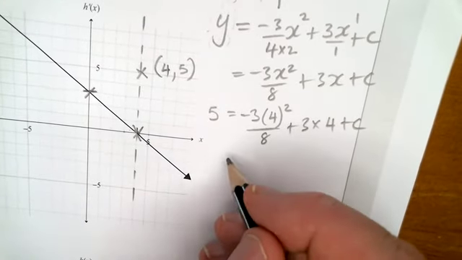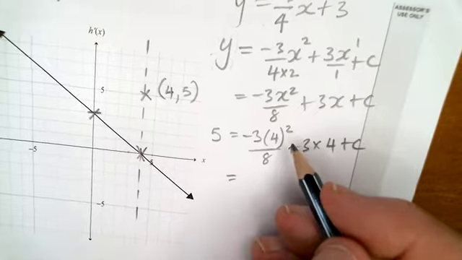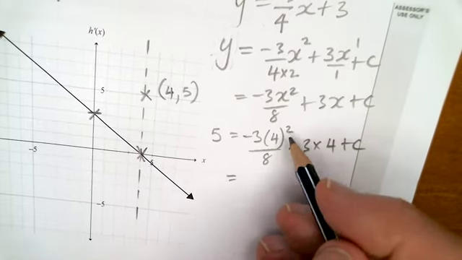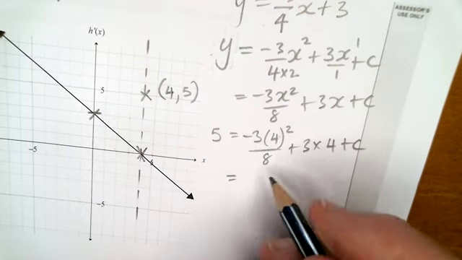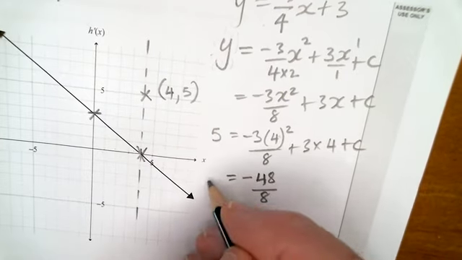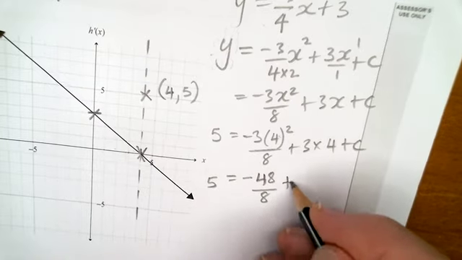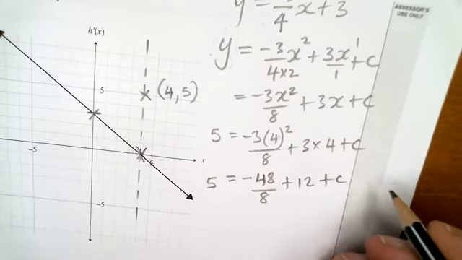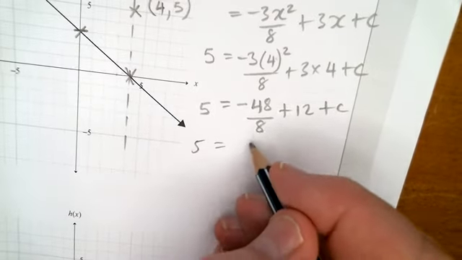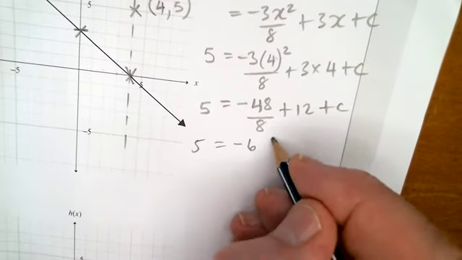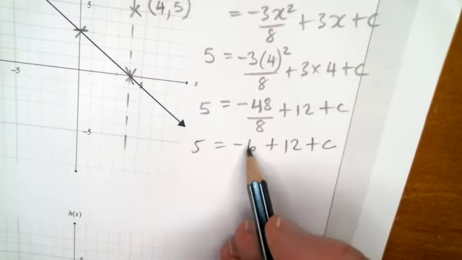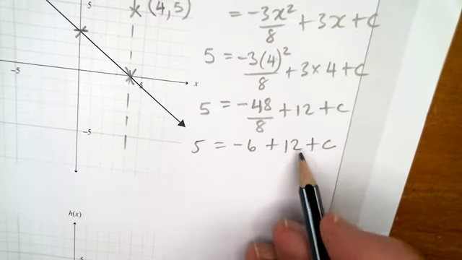So let's see where that takes us. 4 squared is 16, 3 16s is negative 48 on 8, and 5 is equal to that plus 12 plus c. So 5 is equal to negative 6 plus 12 plus c, and 12 minus 6 is 6.